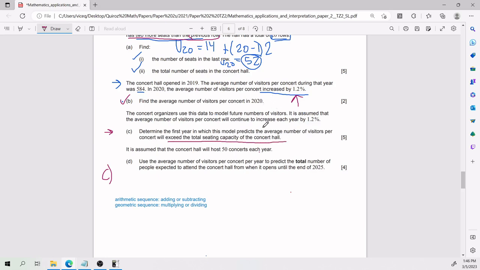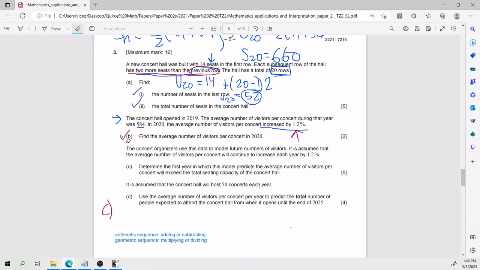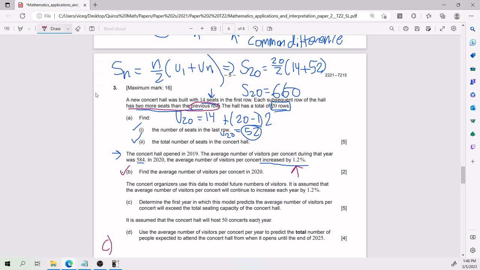So it is not exactly like the sum of all the amount of the first year, the amount of the second year, the amount of the third year. No, it's like when it exceeds. See? And so the first thing is, what is the total seating capacity of the concert hall? Well, that is part A, part 2, which we said was 660. All right, so that is my total seating capacity of the concert hall.